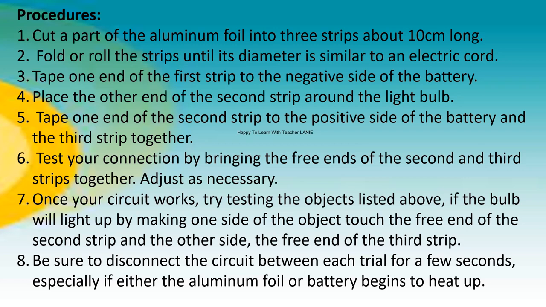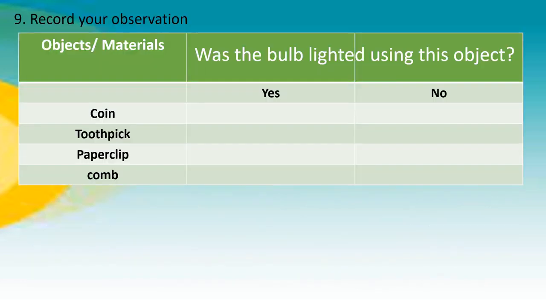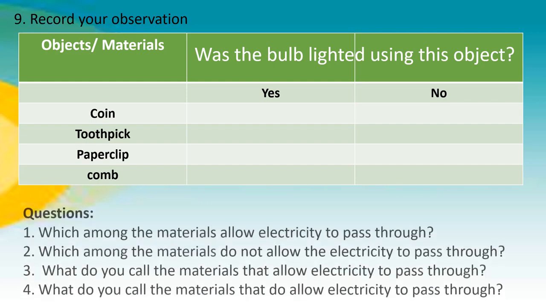Be sure to disconnect the circuit between each trial for a few seconds, especially if either the aluminum foil or battery begins to heat up. 9. Record your observation. Objects are materials: coin, toothpick, paper clip, and comb.